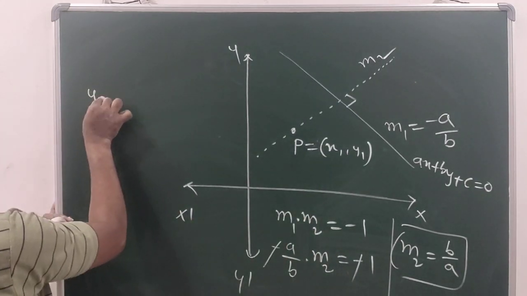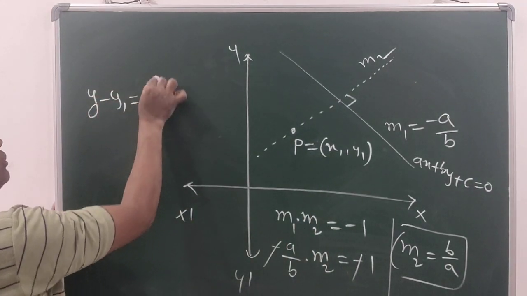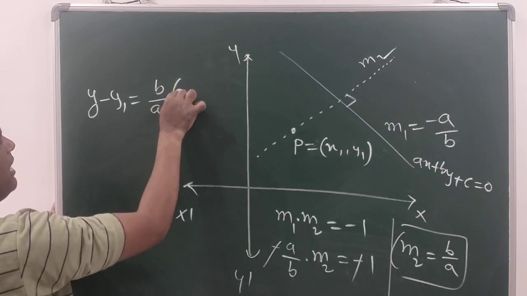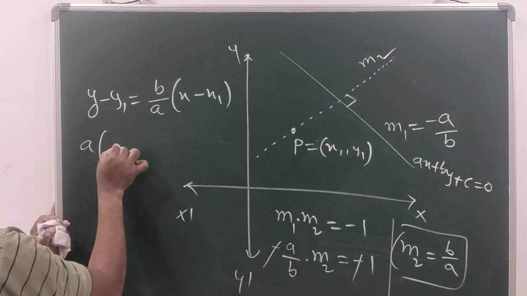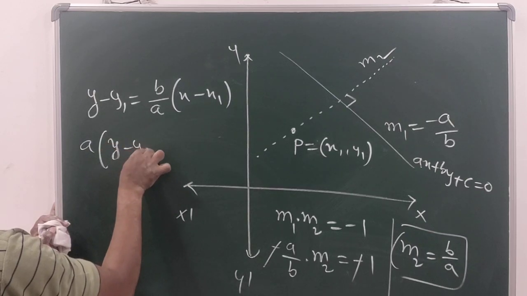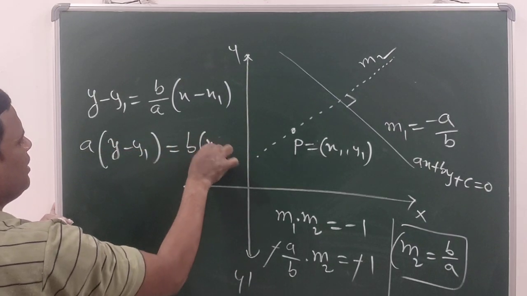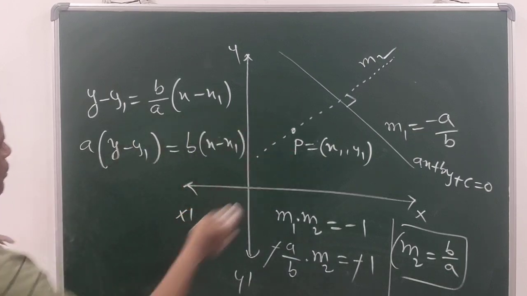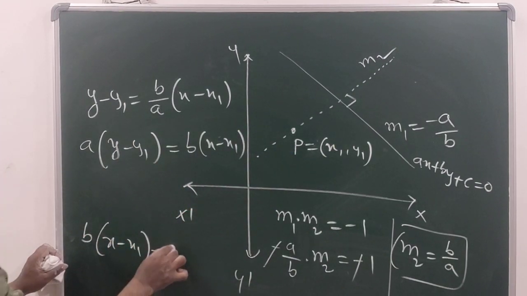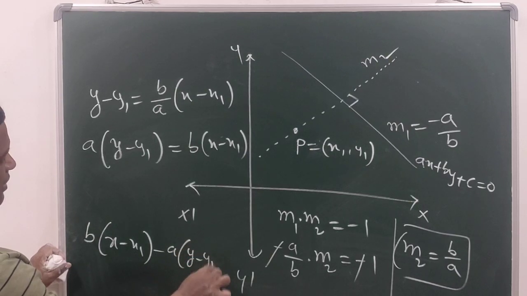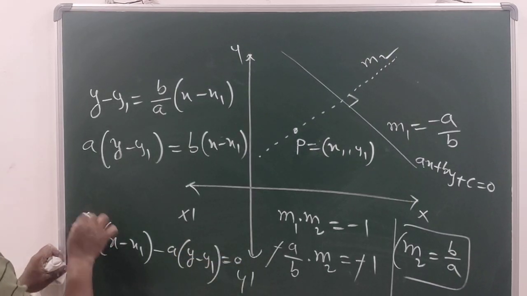Now you have got the slope b by a and you have one point. Apply the point slope form. y minus y1 equal to the slope of our required line, b by a, times x minus x1. Now let us simplify. a of y minus y1 is equal to b of x minus x1. Now send it to the right side so that you will get b of x minus x1 minus a of y minus y1, which is equal to 0.